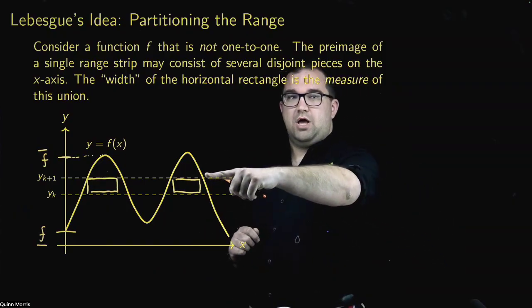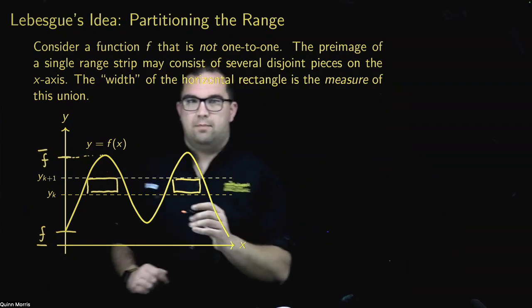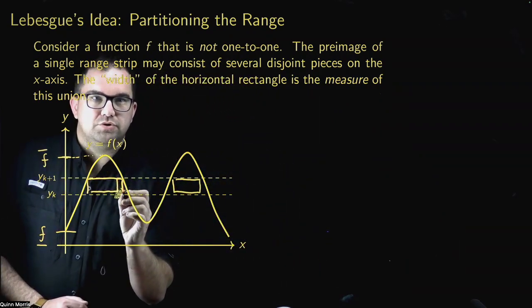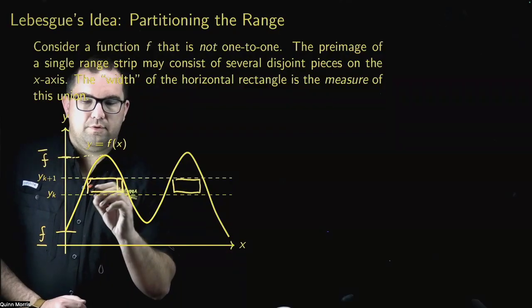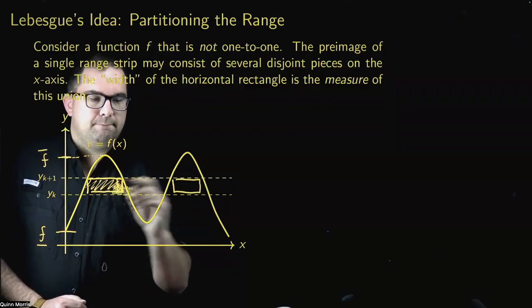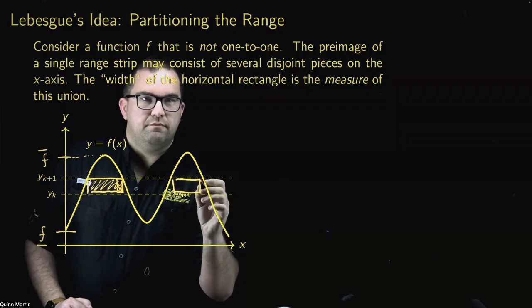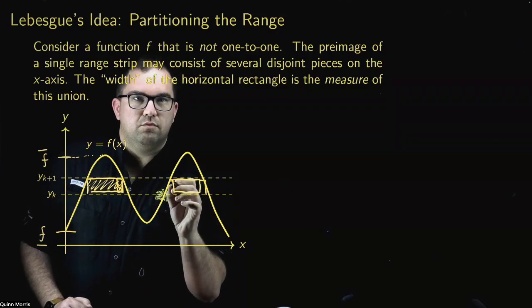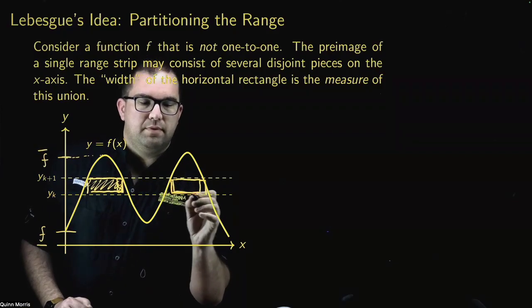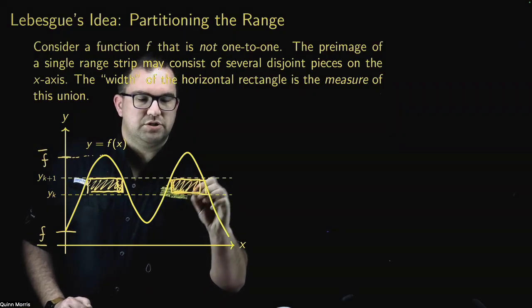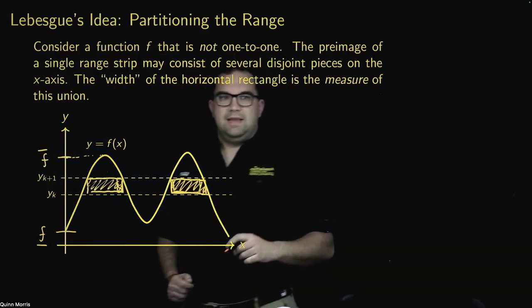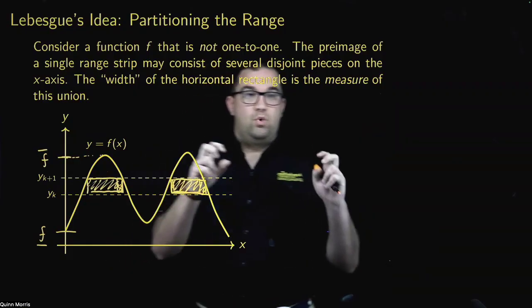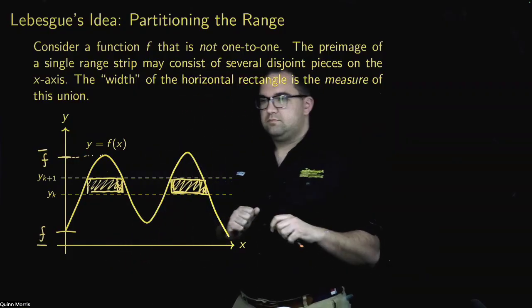Here I have to choose an upper or a lower, and I'm choosing an upper. Maybe I'm not doing the greatest job with this picture, but I'm choosing the upper function values here to help decide what the widths of these rectangles are. But again, notice that because my function is not one-to-one, I end up with two disjoint intervals making up the width of my rectangle.